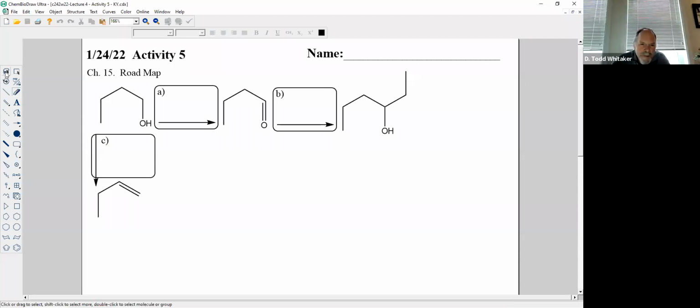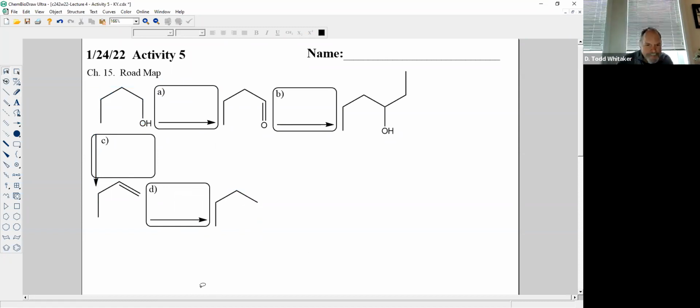Because then we can review how to make that into an epoxide. Call it D. Dang, better ways this way. Gave me the arrow. ChemDraw, like I said, thinks it's smart a lot of times. And epoxide right there.